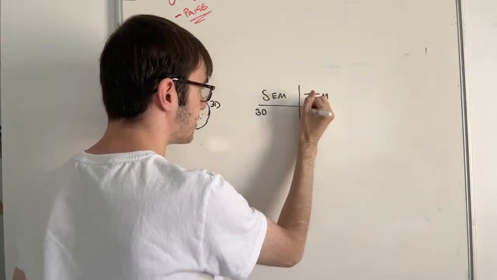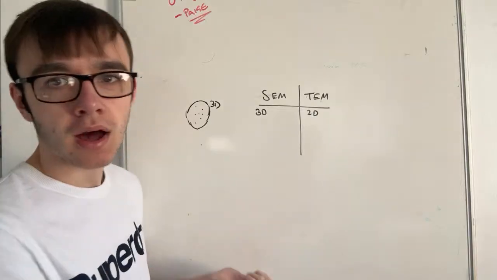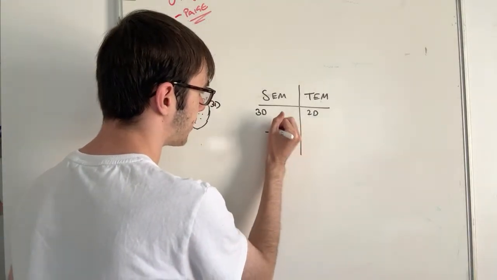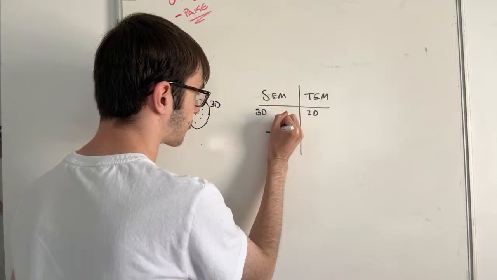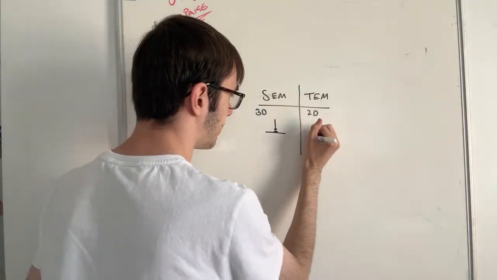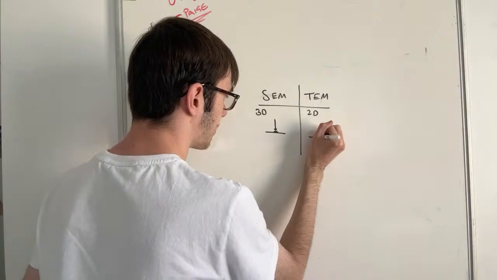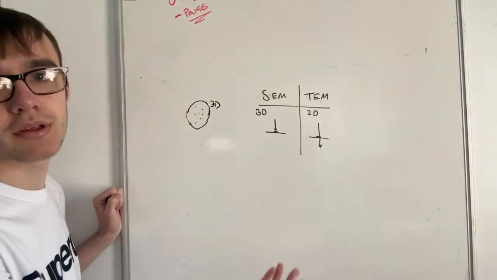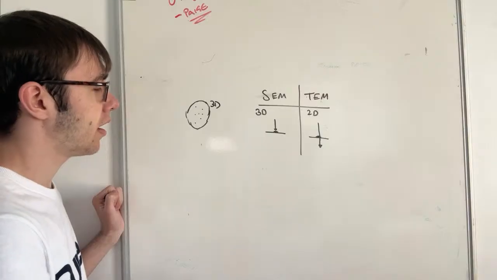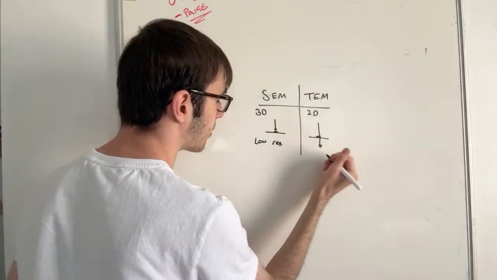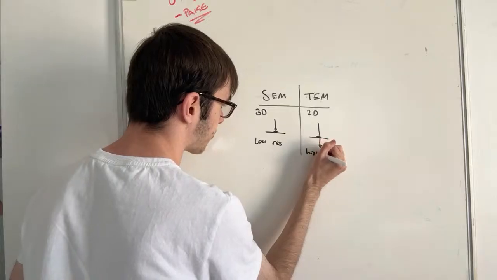Scanning is 3D, transmission is 2D. I always draw a very crude diagram where it shows the electrons hitting the specimen, and in transmission, the electrons go right through the specimen. That's how you tell the difference. Scanning has a lower resolution, transmission has a higher resolution.